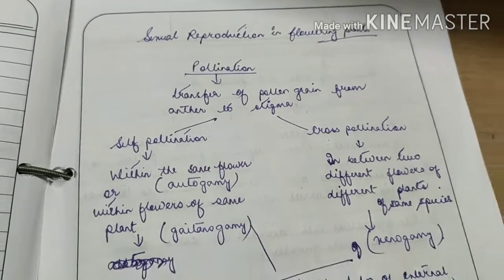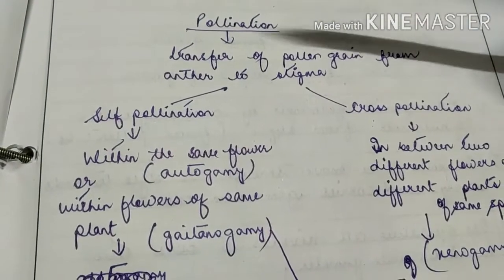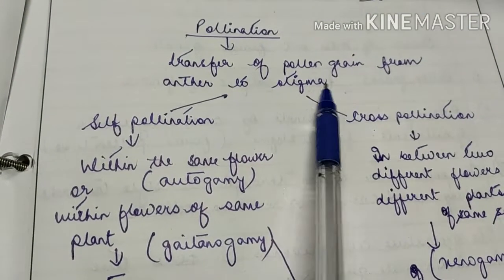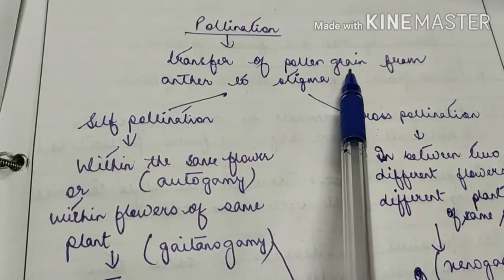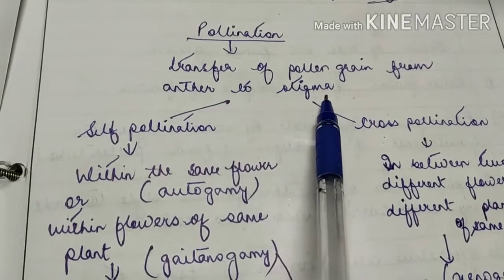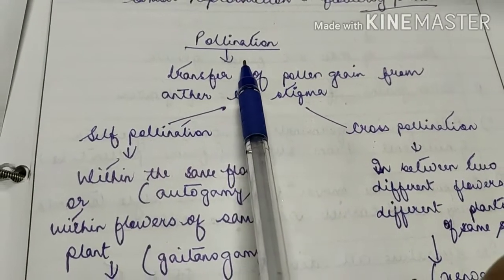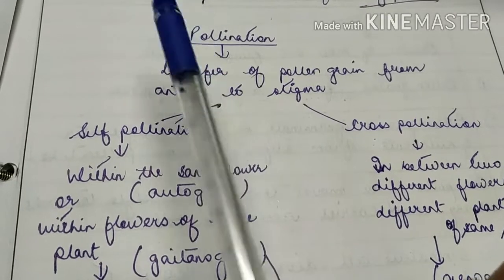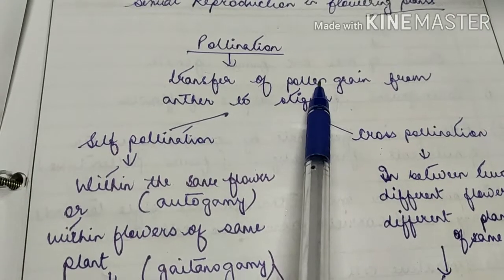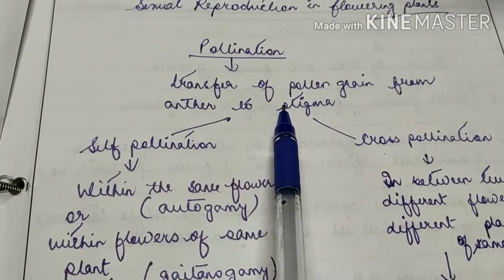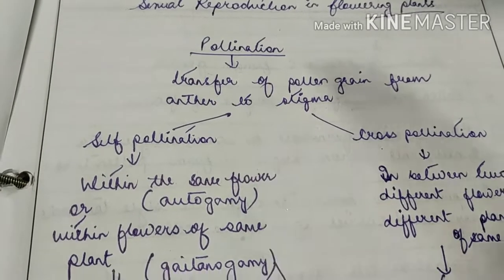In plants, the process of transfer of the pollen grains, not exactly the male gametes, but in the form of pollen grains, from the anther to the stigma is known as pollination. Pollination is the process of transfer of pollen grains from anther to stigma in flowers.